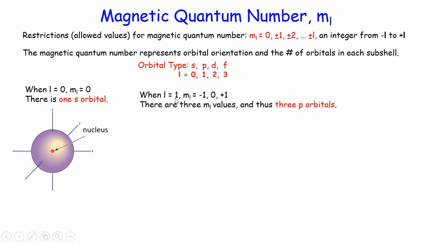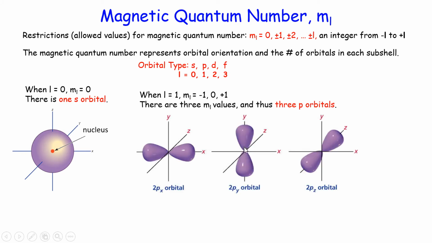So that's the s orbital, spherical. But if L equals 1, then there are 3 ML values: 0, plus minus 1, and since L is 1, we have to stop right here. There are 3 ML values, which means there are 3 p orbitals.